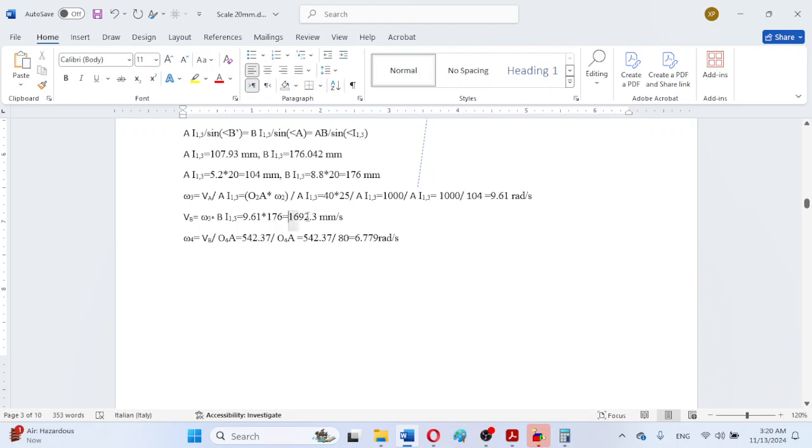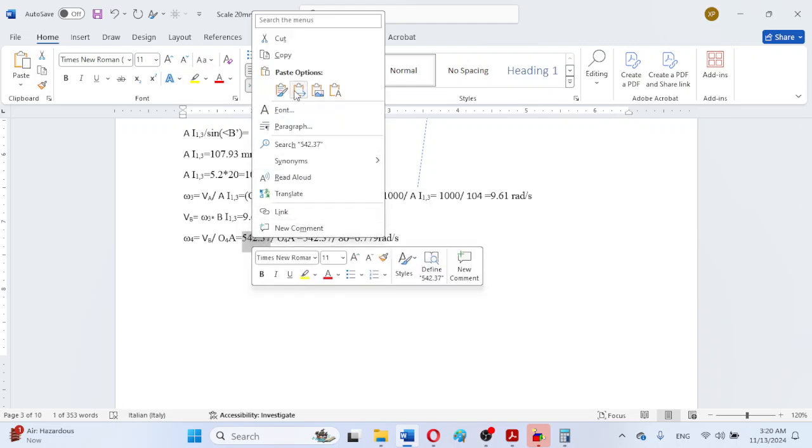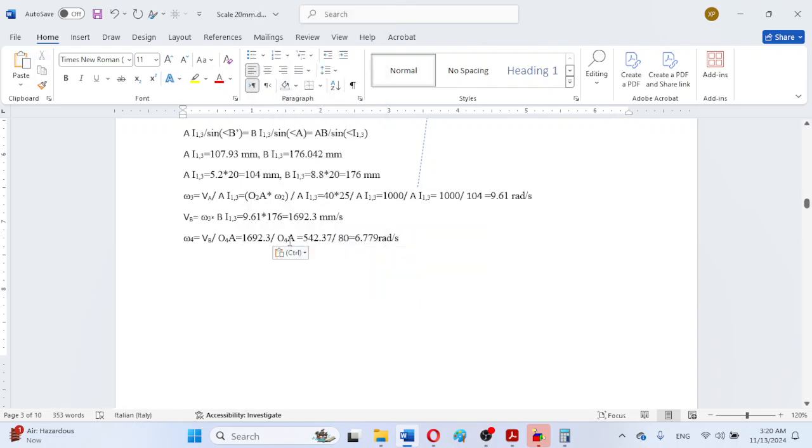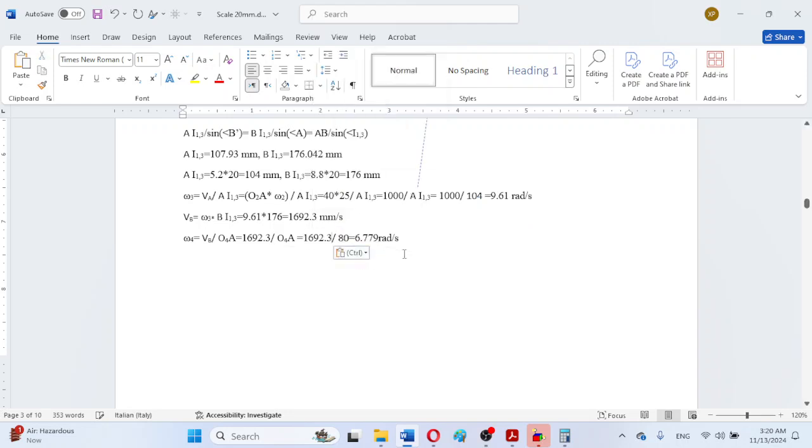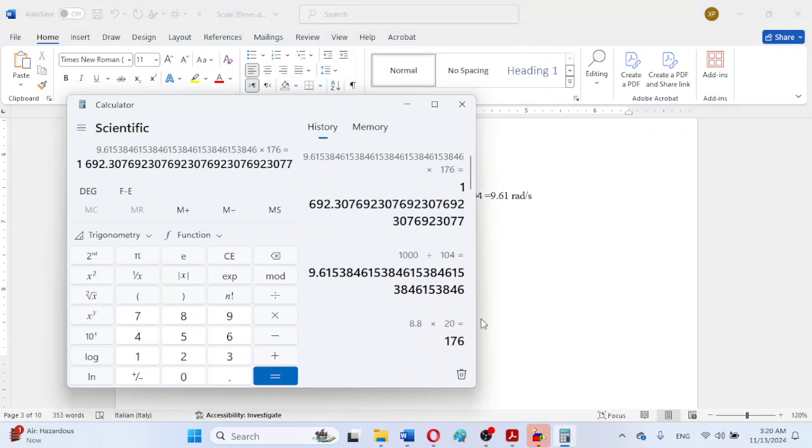Just copy and paste this value here, and divide this result by 80 millimeter.